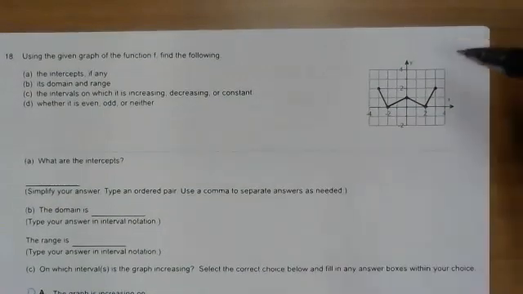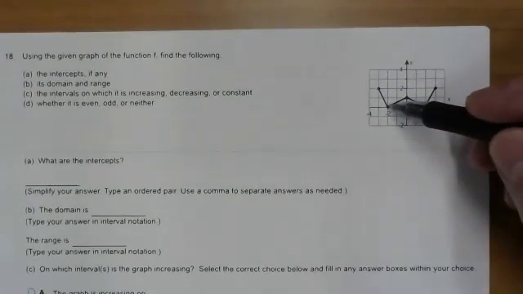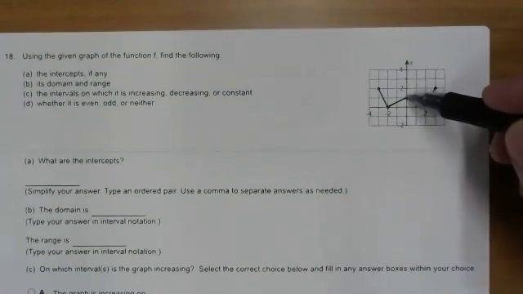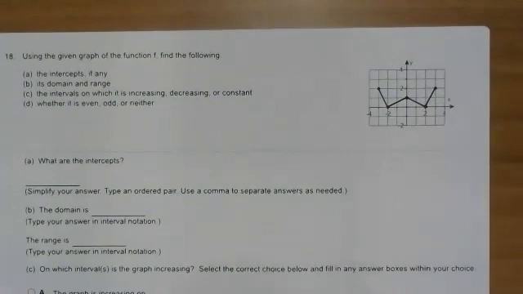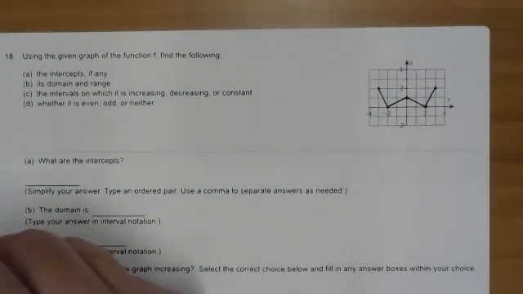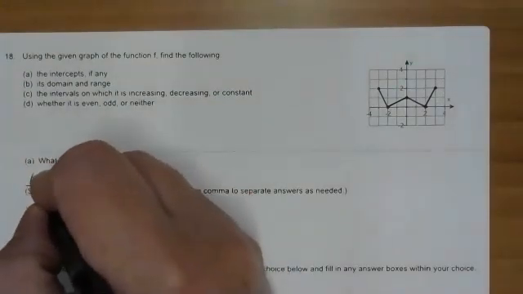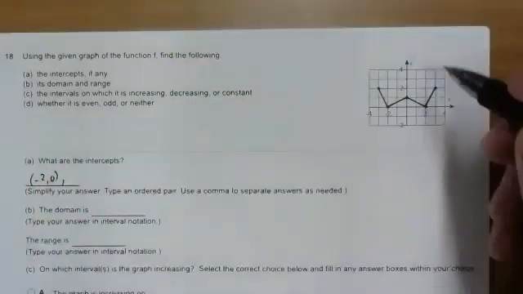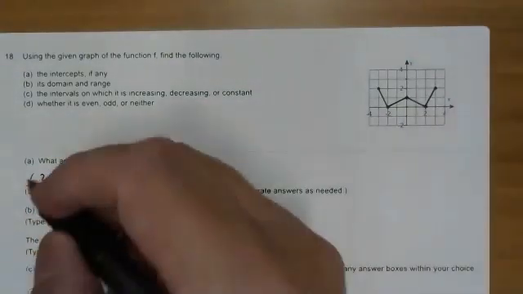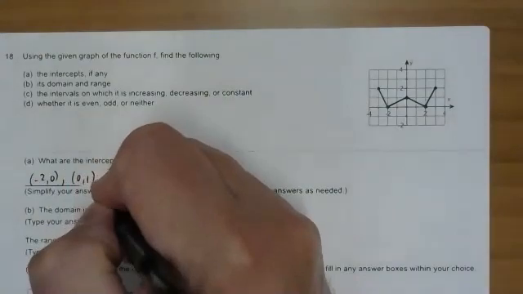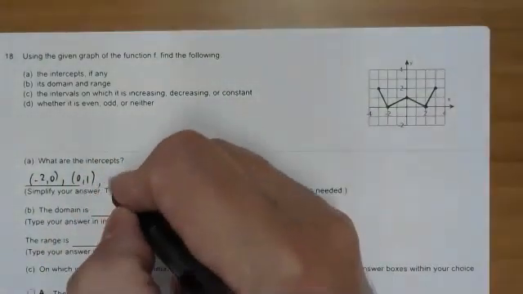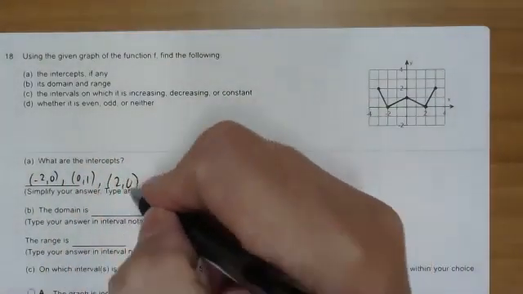They want ordered pairs. So here it touches the x-axis, crosses the y-axis, and touches. Looks like there are 3 intercepts. The first one looks like -2, 0. This one is 0, 1. And this one is 2, 0.